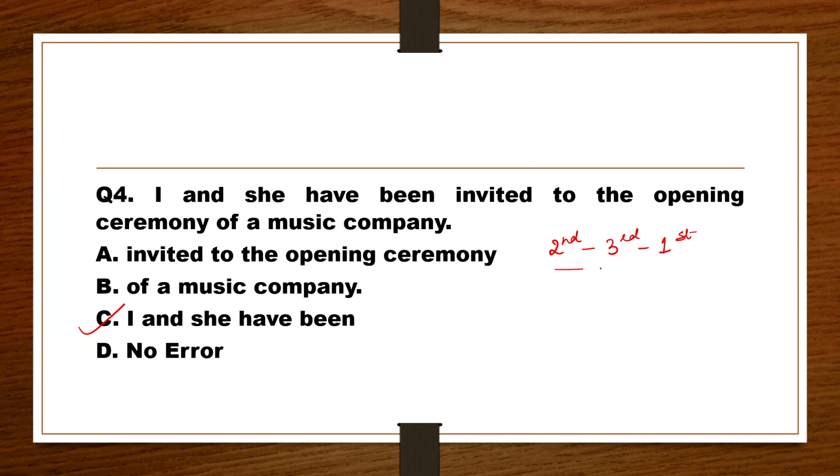So, this is the correct sequence. Here, I is the first person and she is the third person. Hence, the correct order would be 3-1. So, the correct answer is: she and I have been invited to the opening ceremony of a music company. Moving on.